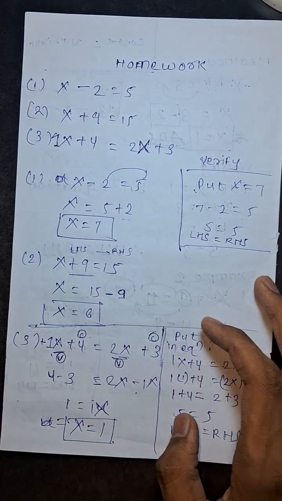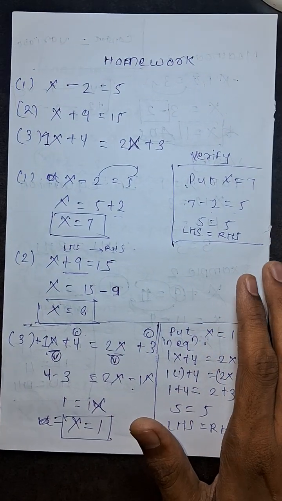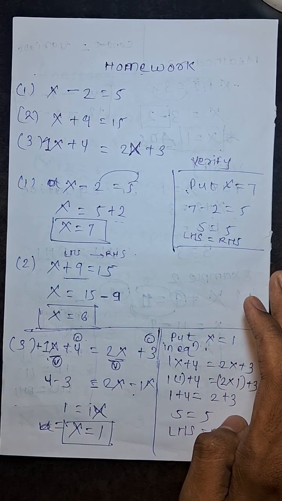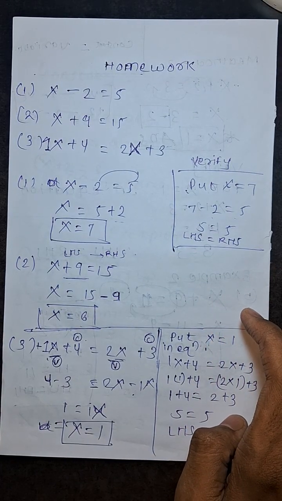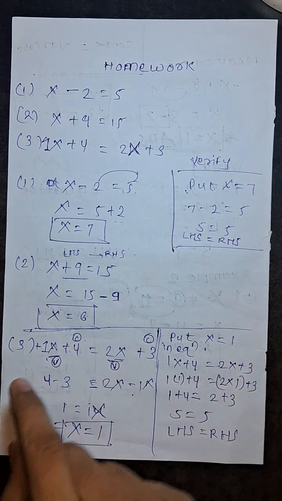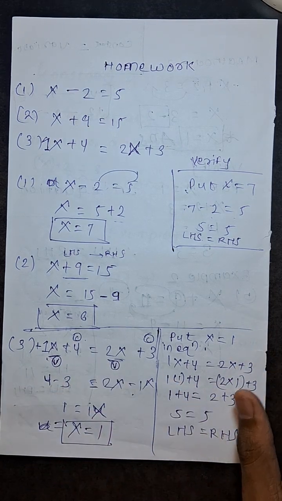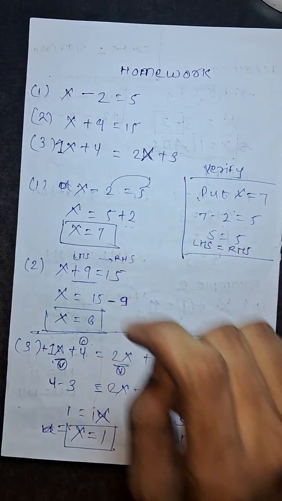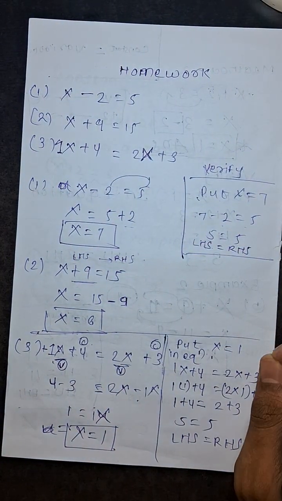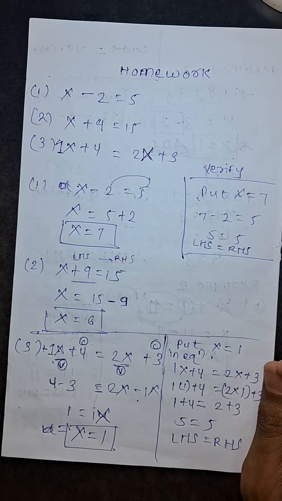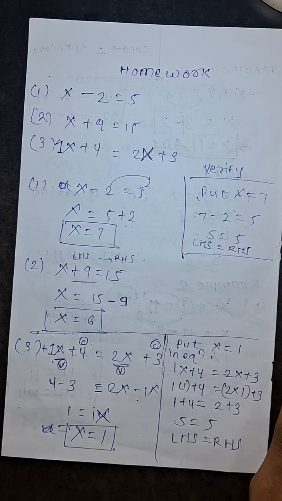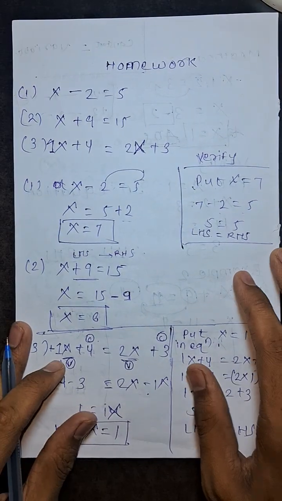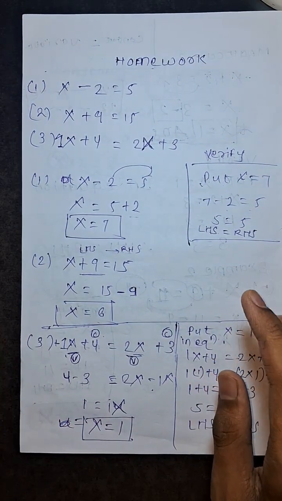The second question was a little tricky. So let's solve this question. The question is 1x plus 4 is equal to 2x plus 3. We will first do the main simple thing, taking variables on one side and constants on the other side. I am just classifying the variables and constants.